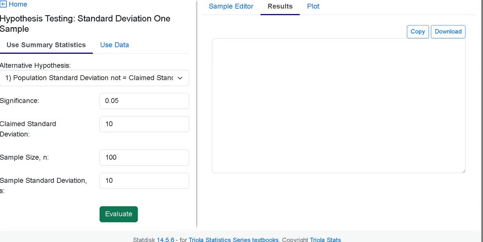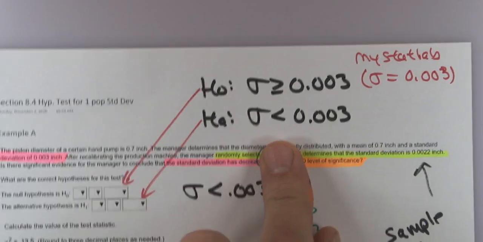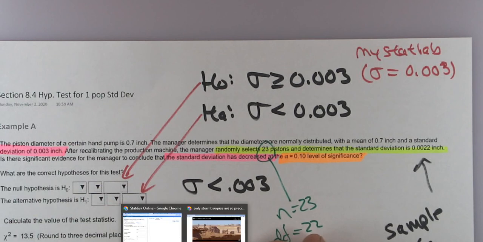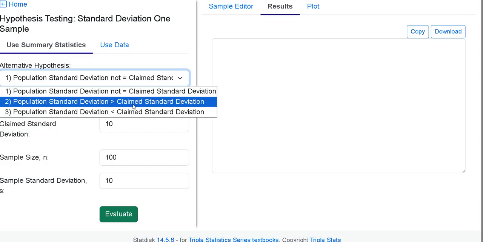Let me look back at this for you. So here is your null and alternative hypothesis. Take a quick look at that and let's decide, which one do we want? 1, 2, or 3 as my alternative hypothesis? Yeah, 3.